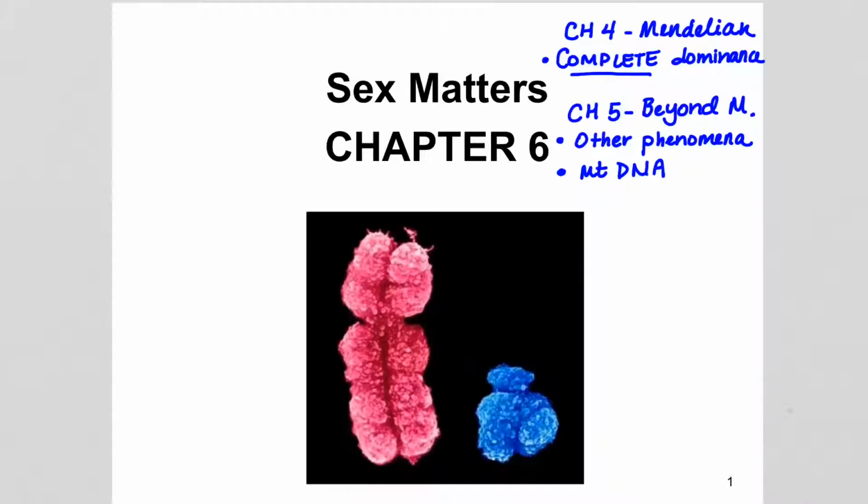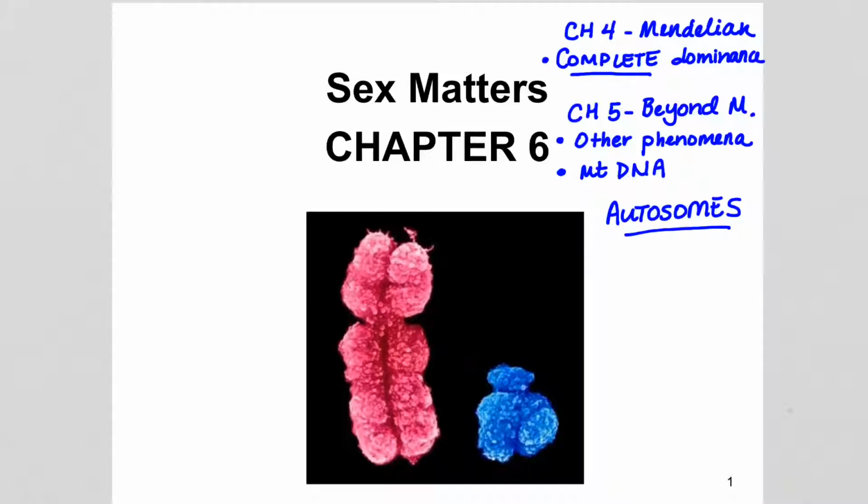So we explored how the genome of mitochondria is maternally inherited and therefore altered our Mendelian expectations.